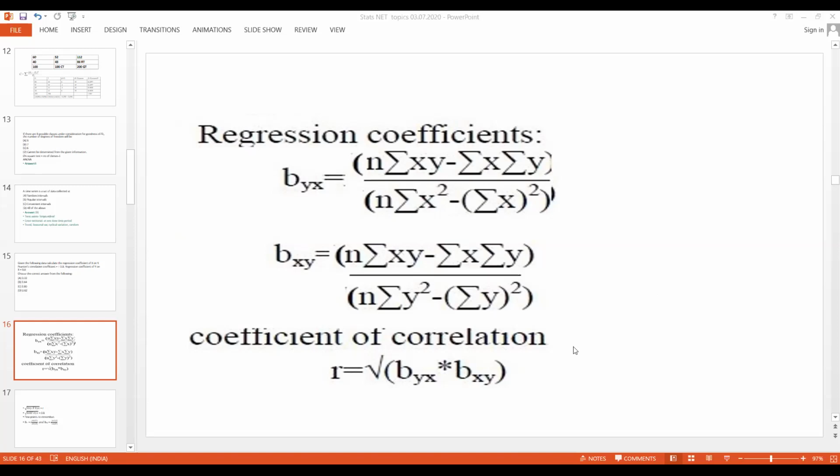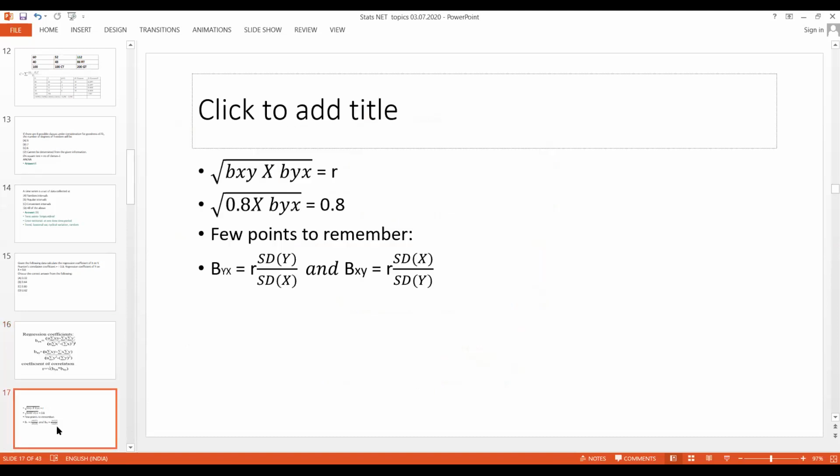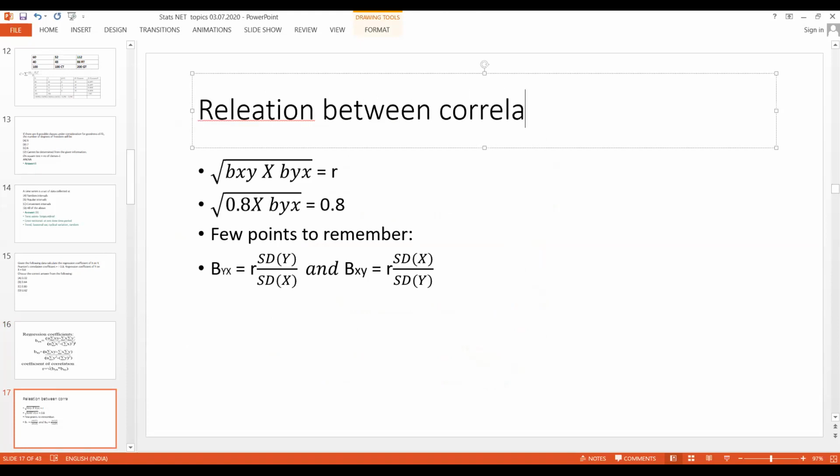Now, how do we calculate for our question? For that it is good to know the relation between correlation coefficient and regression coefficients.